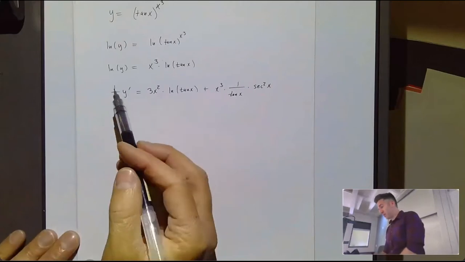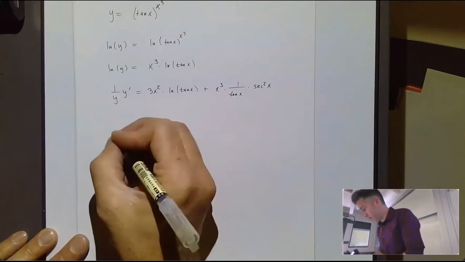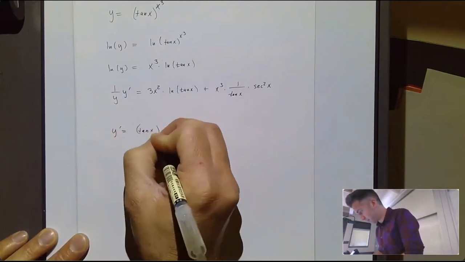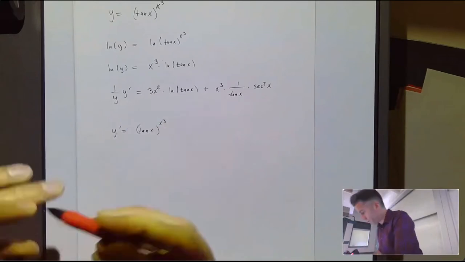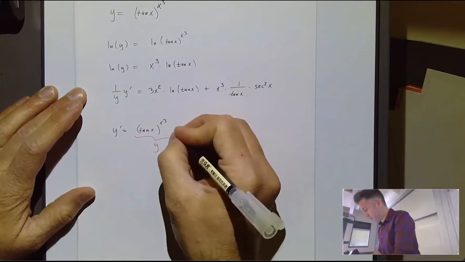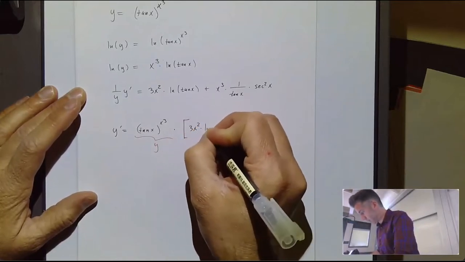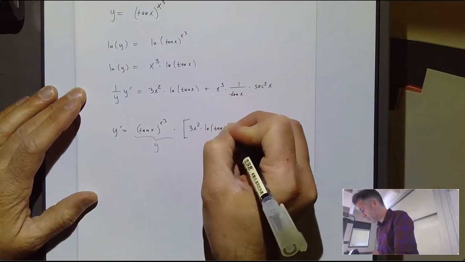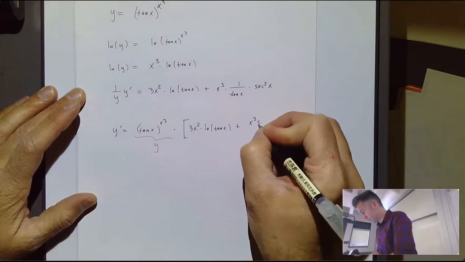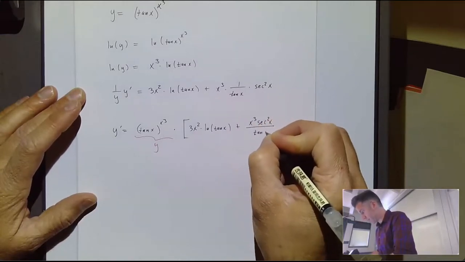I'm going to multiply both sides by y, but I'm also going to replace y with what it is. So I'm going to get y prime equal to y times all that stuff. 3x squared times natural log of tangent of x plus, I would probably rewrite this as x cubed secant squared of x over tangent of x.